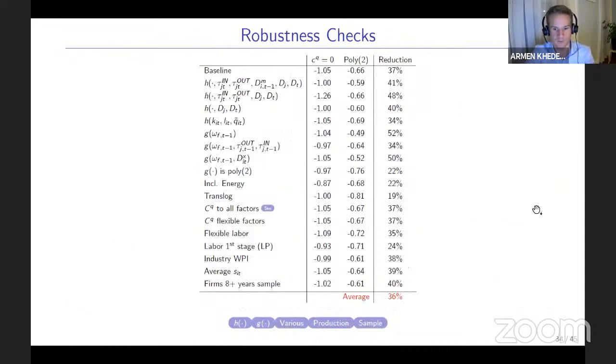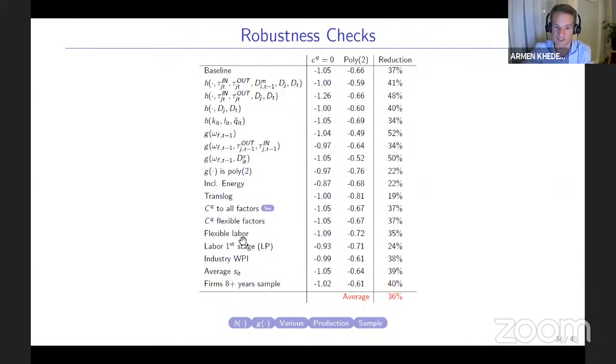Okay, now, obviously we've taken a lot of assumptions along the way, and we want to make sure that none of these are essential to the results that we're reporting here. So, I've mentioned earlier that we could specify H differently. That's the proxy function, this is the productivity process. We can include energy in the production function. We could specify the production function to be translog. We can assign these additional costs to be reflecting all input factors of production.